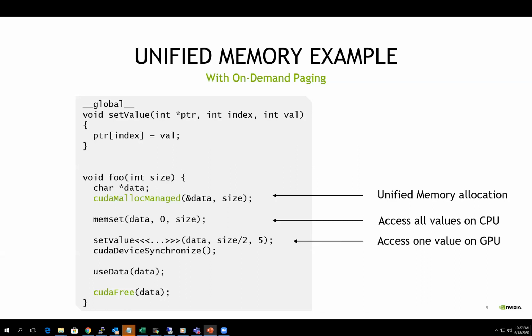So if I call set value as I'm depicting down below using the data pointer, it's going to go to the location at size over 2 in that allocation, and it's going to set that location to 5. That's it. So this kernel is only touching basically one location out of this entire allocation. And then I use a CUDA device synchronize call to make sure that I have given the kernel the opportunity to run, and then I can use data. And I can expect at that point of use data that my location indicated by the index value has been properly set.